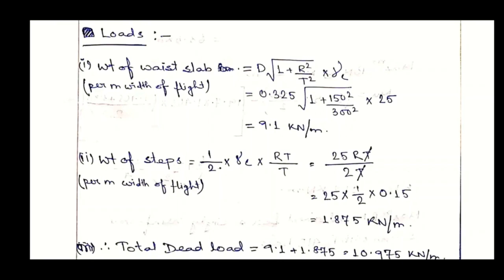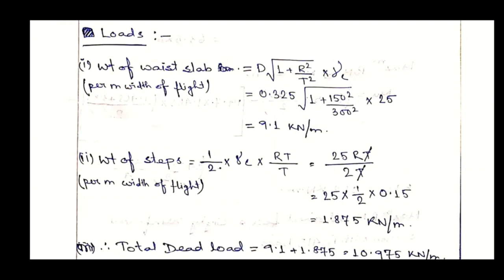So D is 0.325 root over 1 plus riser is 150, so 150 square, by tread is 300, so 300 square, into 25, that is equal to 9.1 kilonewton per meter.